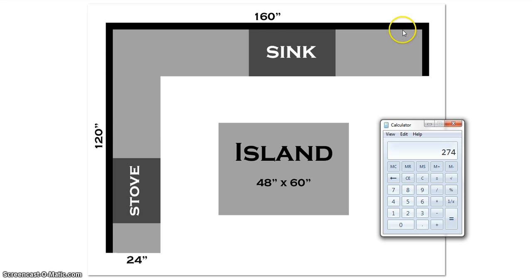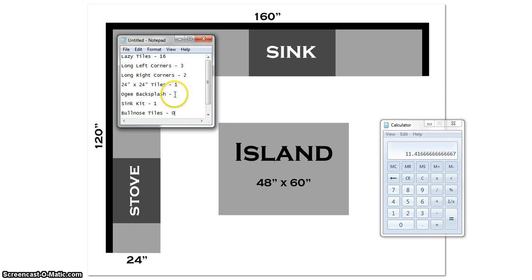So to get how many backsplash pieces we need for that, since the backsplash pieces are 24 inches wide, we're going to take 274 divided by 24 inches. And that gives us a little over 11, so again we round up to 12. So if we want to go with backsplash, we're going to need 12 pieces.